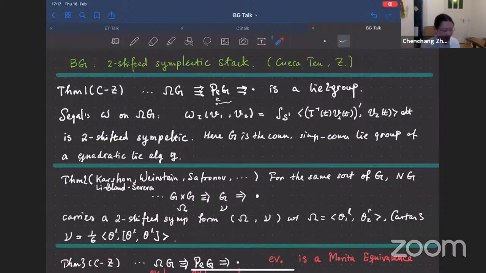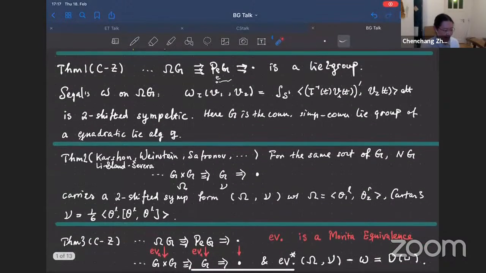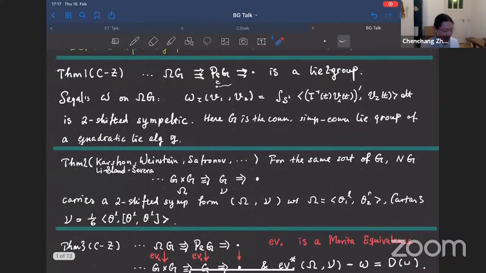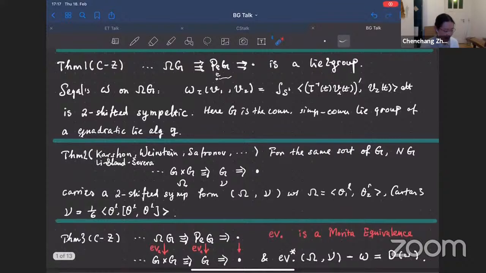And here we require some conditions. G has to be connected, simply connected, and its Lie algebra has to be quadratic, namely with a pairing which is invariant. And then there is a finite dimensional version of this story, which has been known for a long time.